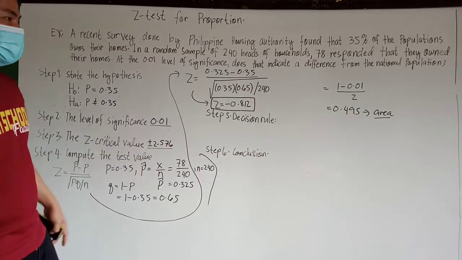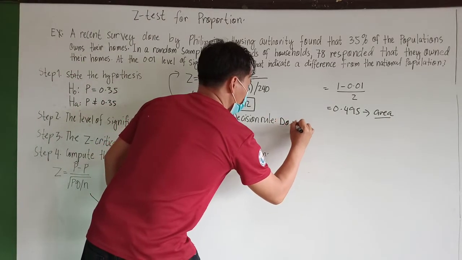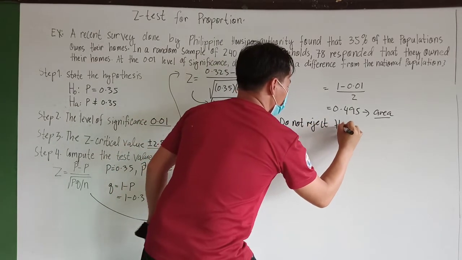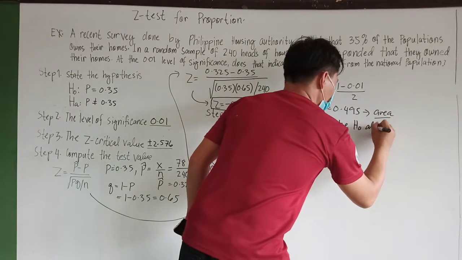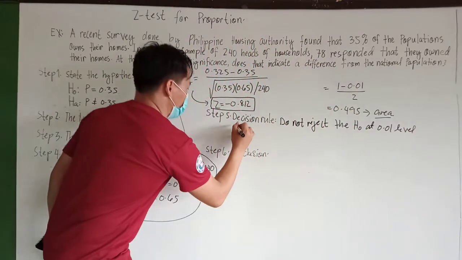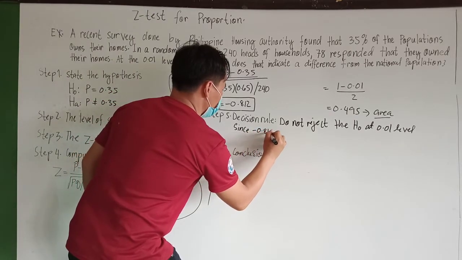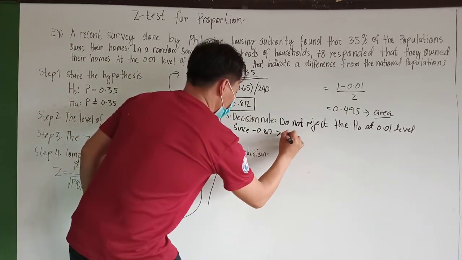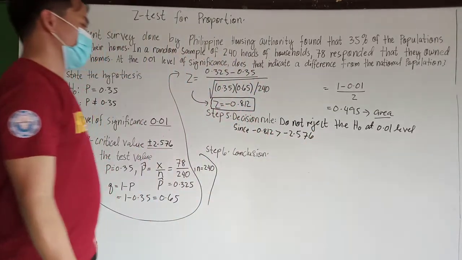So therefore, do not reject the null hypothesis. Since negative 0.812 is greater than negative 2.576, we cannot reject.